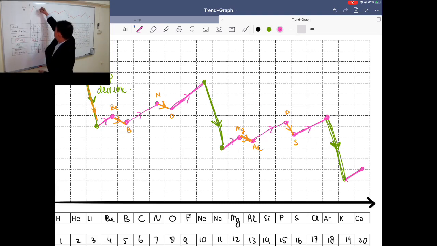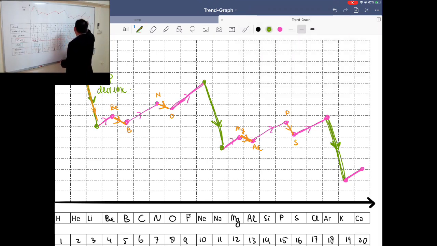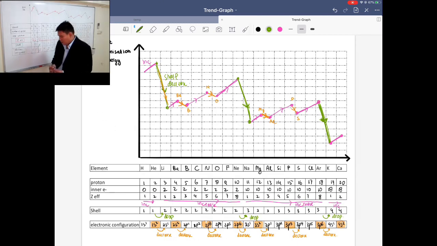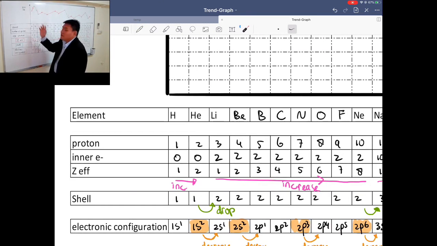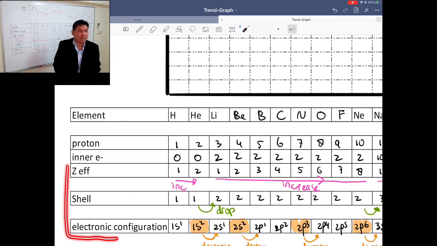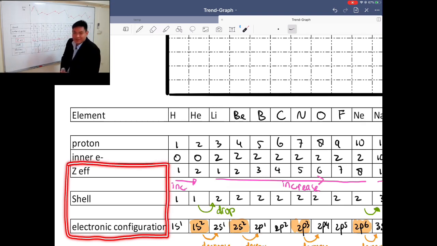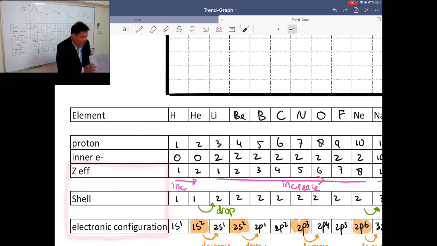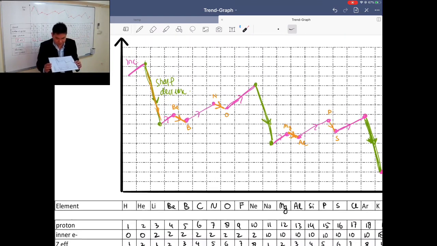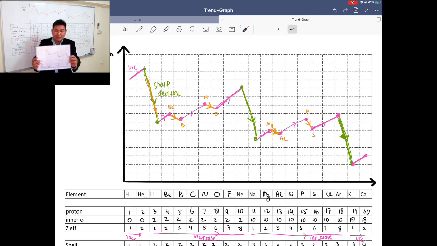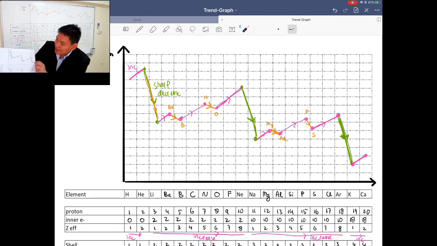So we see all these three factors are affecting first ionization energy simultaneously. That's why I want you to fill up the table. This is my answer. This is how I draw.